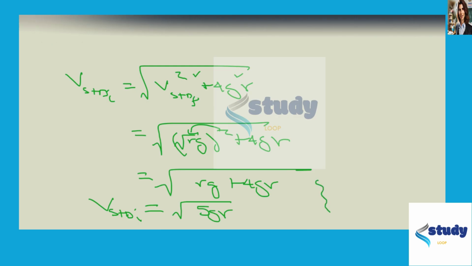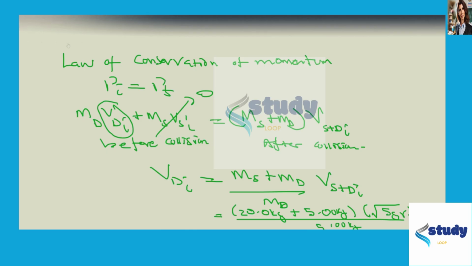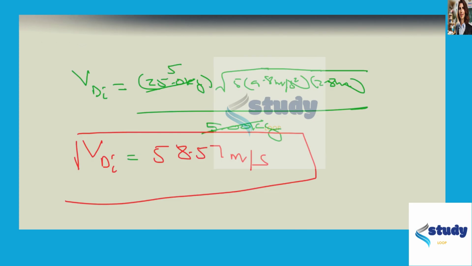This is always why it's good to keep the variables, because they simplify and it makes your life easier. And so using the law of conservation of momentum, the initial momentum of the system equals the final momentum of the system, and then we find the initial velocity before the steel dart collides with the sphere.